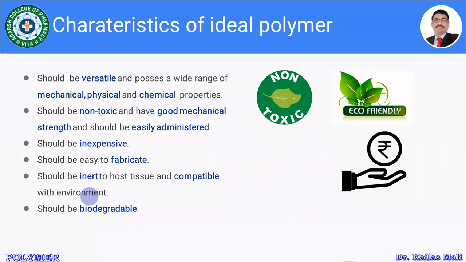If the polymer is not biocompatible, it is not possible to use it for the development of controlled drug delivery system. It should be biodegradable, isn't it? So these are the few properties of the polymer we should consider while choosing the polymer for the development of controlled drug delivery system.